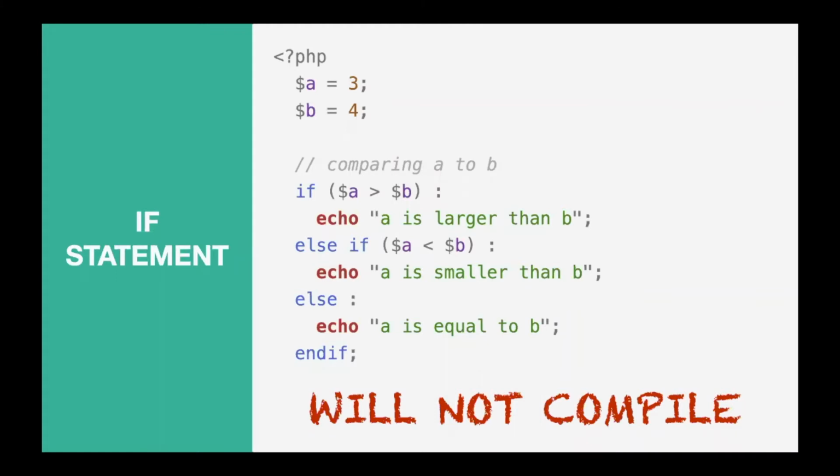So just make sure that you use just the elseif as one word if you're going to use colons. Now, we will be using colons when we talk about intertwining PHP with HTML. We will rely on colons a lot for that because it makes the interface a little bit cleaner.